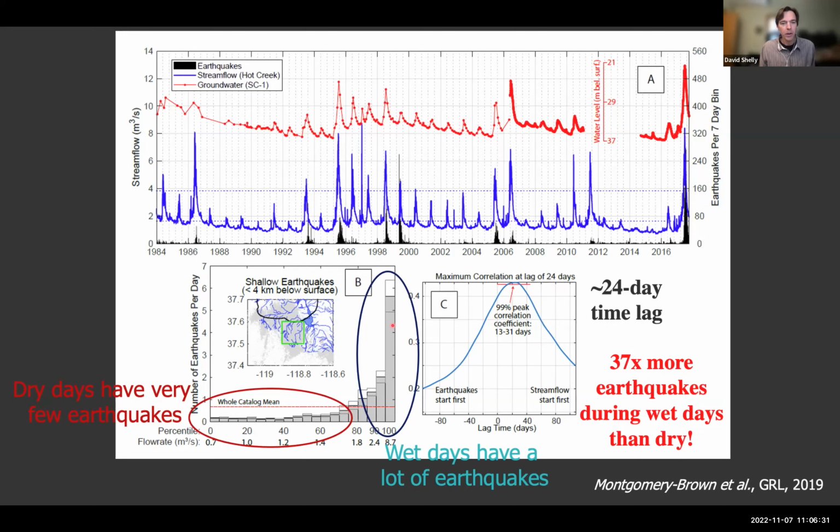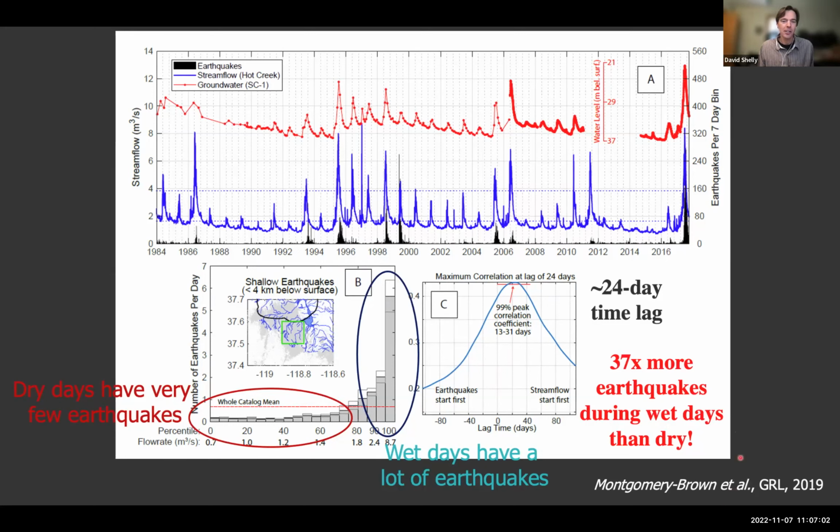And in fact, if we compare the wettest bin here, the wettest 5%, to the driest 5%, there's 37 times more earthquakes during wet days than dry days. So typically when people are looking for a hydrologic connection with seismicity, we're doing lots of statistical tests. It might be a few percent effect. This is not that kind of effect. This is a huge effect.